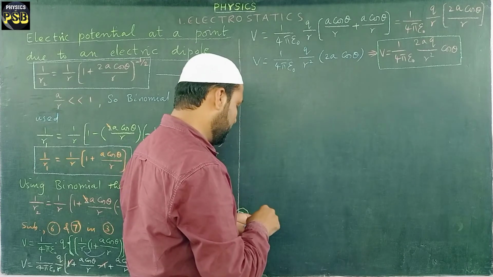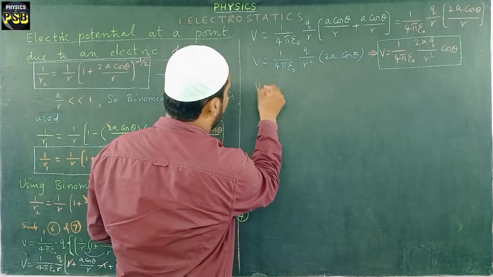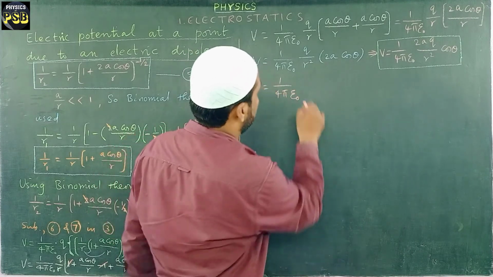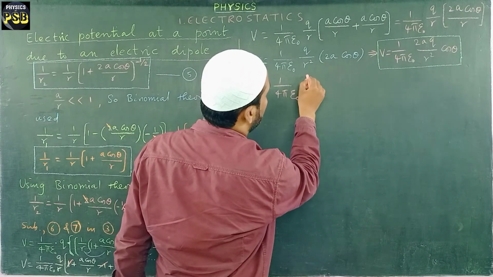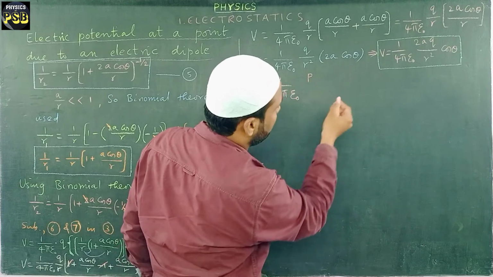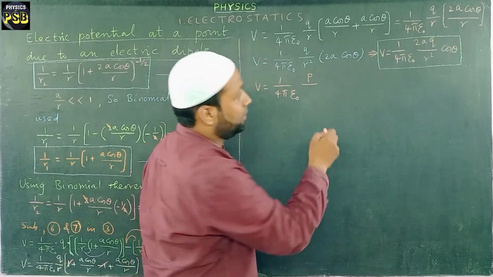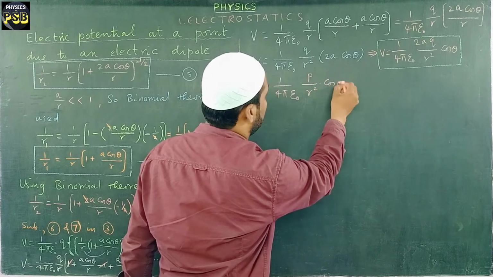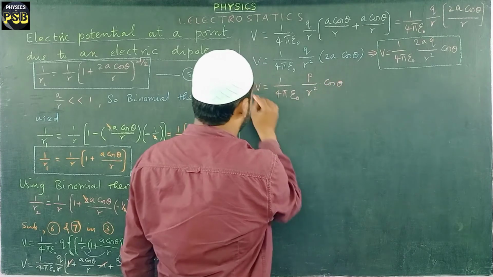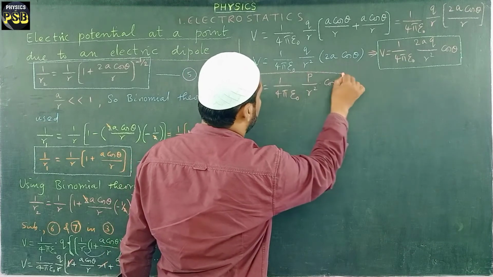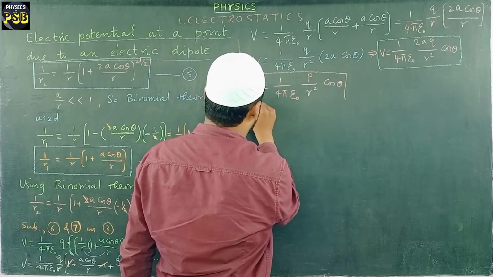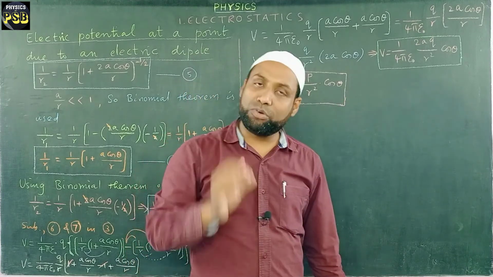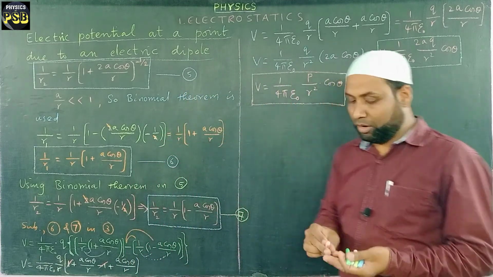The above equation is written in this manner: V equals 1 upon 4 pi epsilon naught, in the place of 2aq I write P. Here P stands for electric dipole moment, over R square cos theta. This is the final expression for electric potential at a point P due to an electric dipole.